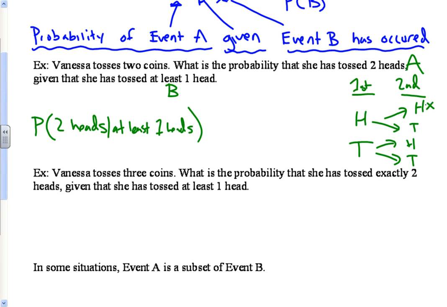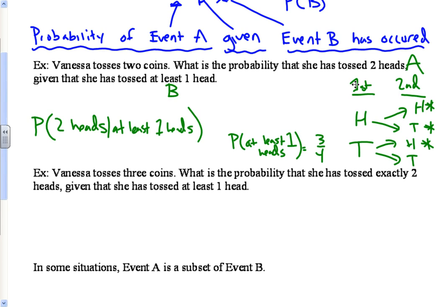So this would be at least 1 heads, this would be at least 1 heads, and this would be at least 1 heads. So the probability of at least 1 heads is equal to 3 out of 4, because there are 3 out of the 4 of them that have at least 1 head. The only one that doesn't is the tails right here.